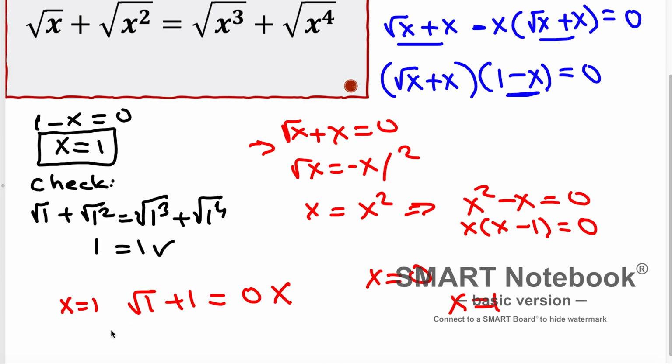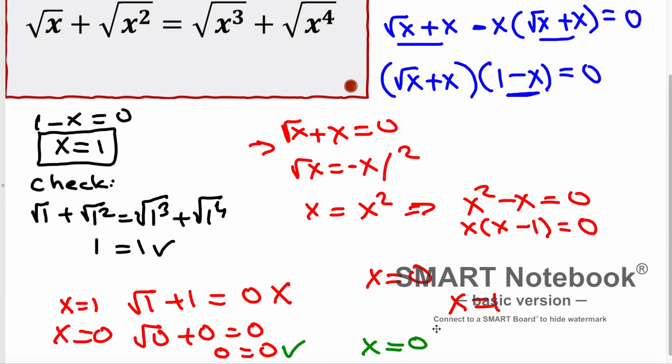But if we take x equal to 0, we have 0 plus 0 is equal to 0, so this holds. It means for this part, just x is equal to 0. But for the whole equation, we have x is equal to 0 and x is equal to 1. So those are two solutions.